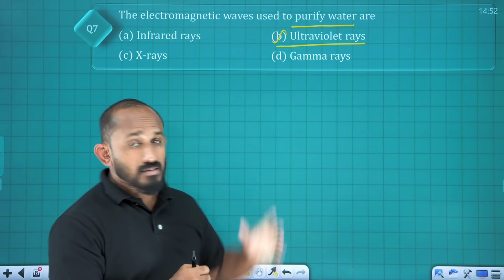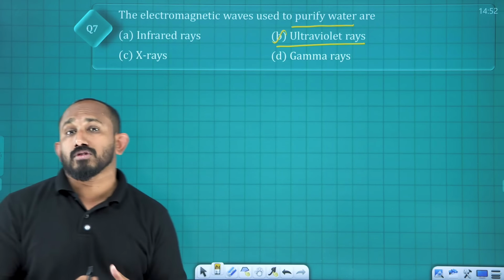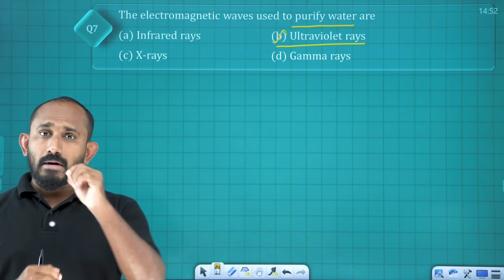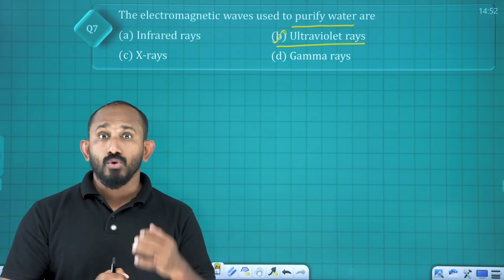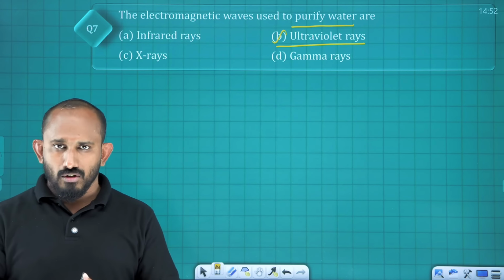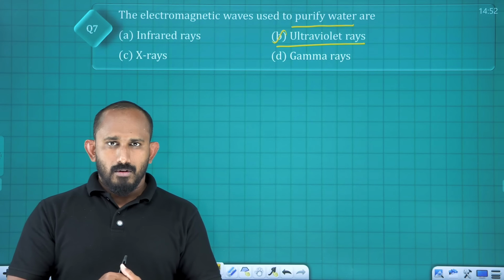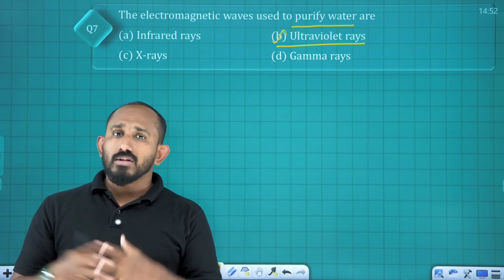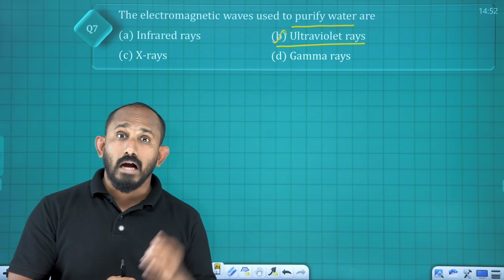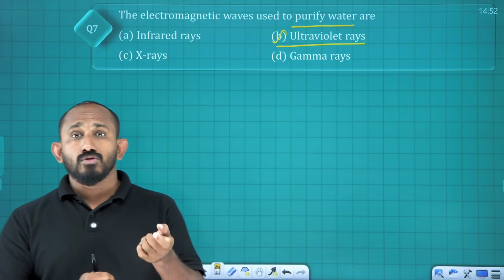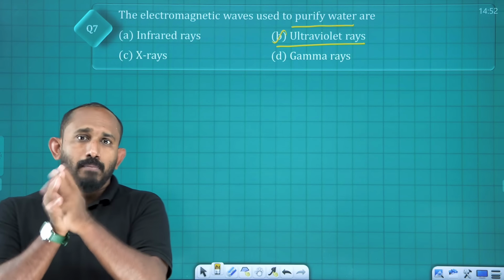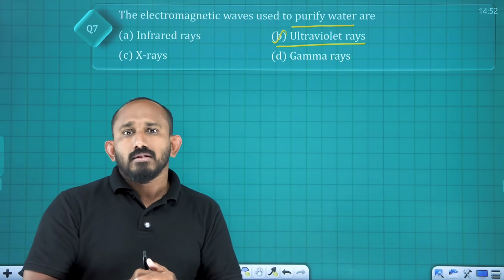Then we have gamma rays. In medicine, gamma rays are used in chemotherapy, in cancer treatment, to kill the cancer cells. In nuclear studies, we use gamma rays too. Actually, gamma rays are produced from nuclear fission or fusion reactions. Gamma ray cameras are also available, which can diagnose internal organs like the kidney, the internal parts we cannot image with X-ray scanning machines.